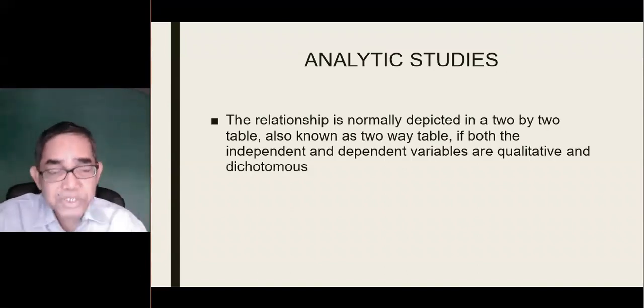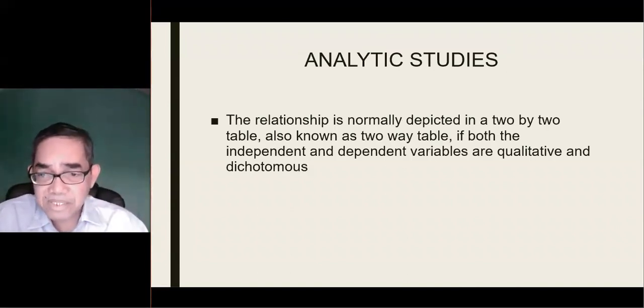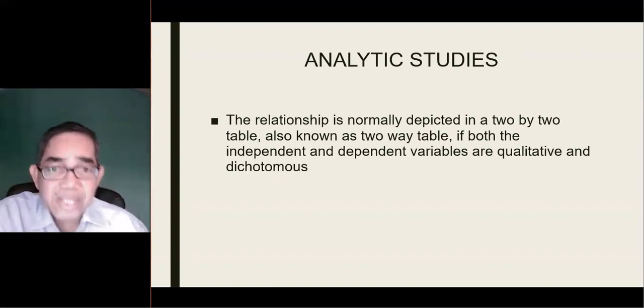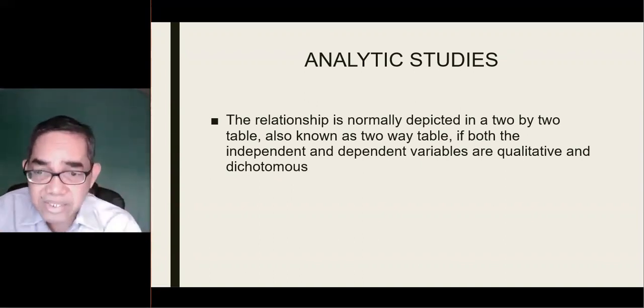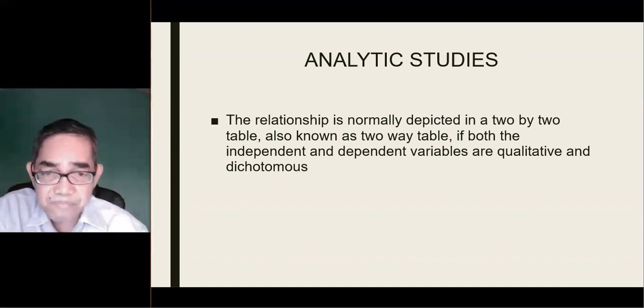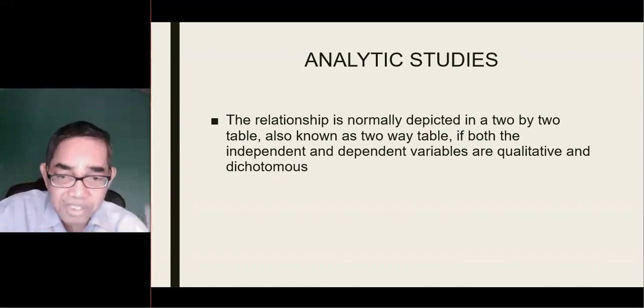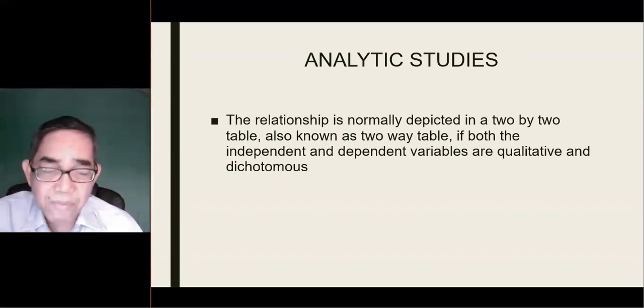And that relationship is normally depicted in a 2x2 table, also known as a two-way table, if both the independent and the dependent variables are qualitative and dichotomous. Dichotomous means there are two categories for each variable.